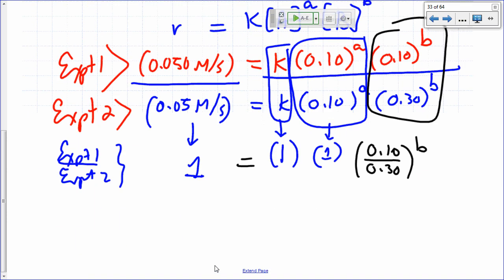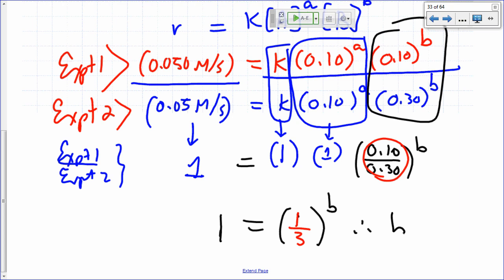So I can say then that 1 is equal to, what's 0.1 over 0.3? That's 1/3, right? 1/3 raised to the power b. So to what power should I raise 1/3 in order to get 1? 0. Okay.